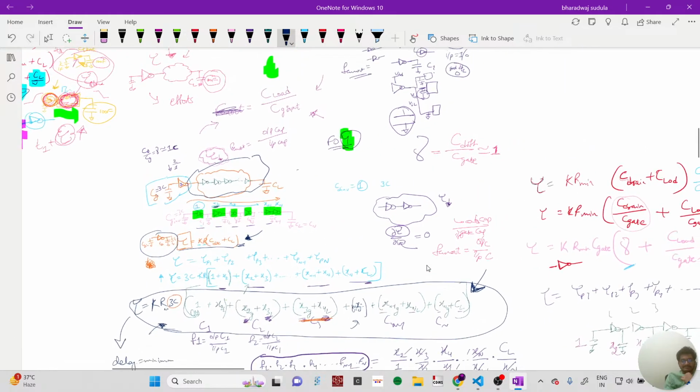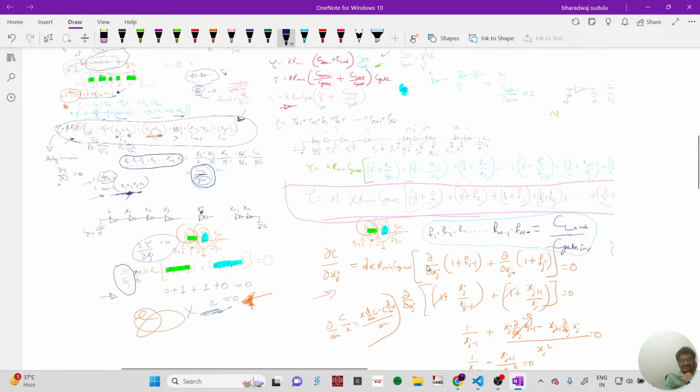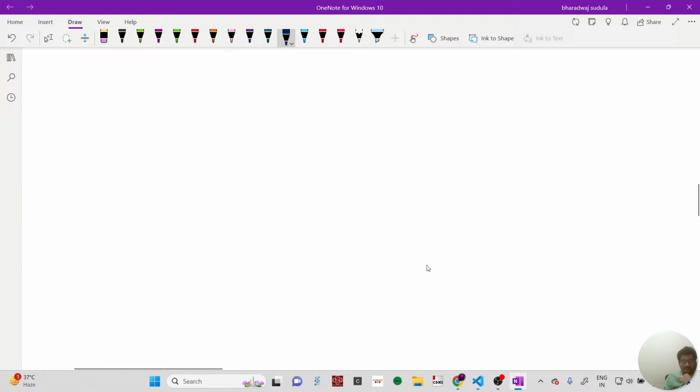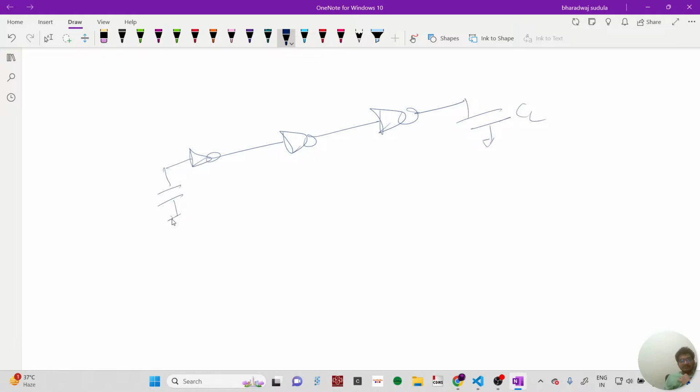But actually, what's happening is, as I have said, each and every gate has a fan out of F. Each and every fan out is the same: F1, F2, F3 are the same.